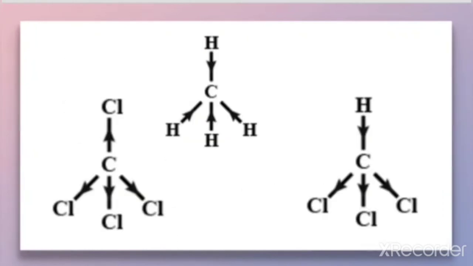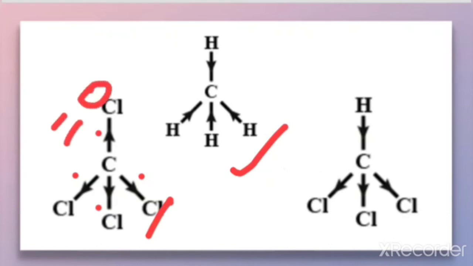So in this case, which we have already discussed, here are the bond dipoles which we have represented. So what will be the vector sum of this? This type of structure is called an ideal structure. Ideal structure means it has the same type of bond dipoles, and because it has a perfect structure, that is a tetrahedral structure, in such a case the dipole moment will be equal to 0.